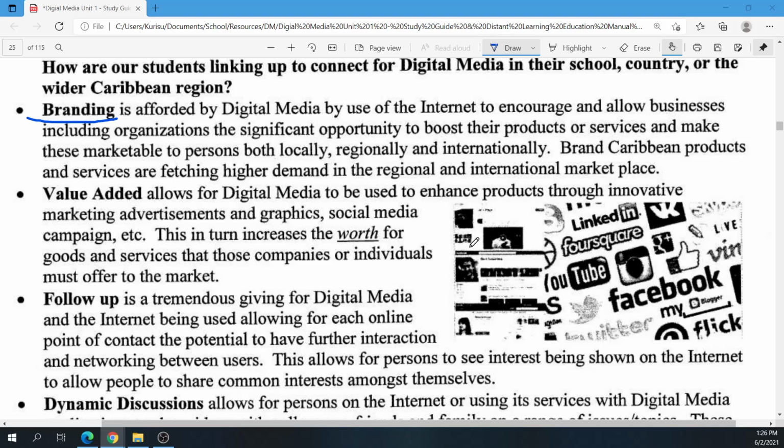Could it be the uniqueness of the goods or services, or like basically the stuff that the companies produce? It doesn't have to be unique. So value added, you can say it's almost like branding.